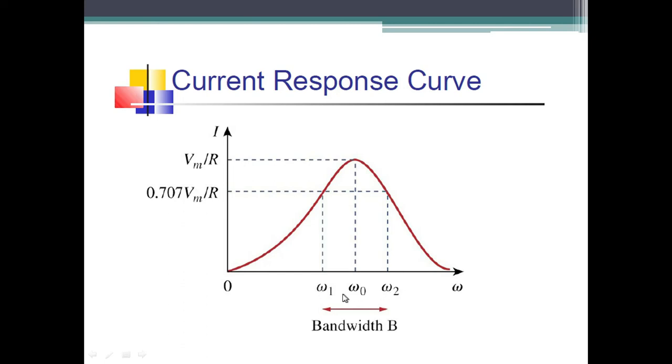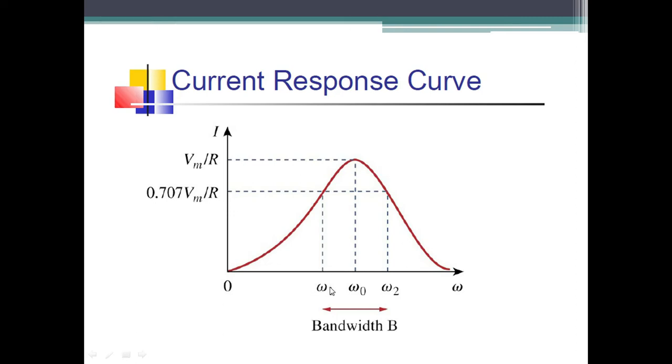At the central frequency, the current flowing through the circuit is Vm upon R, which is nothing but the I maximum. Here angular frequency omega versus current shows the characteristics.